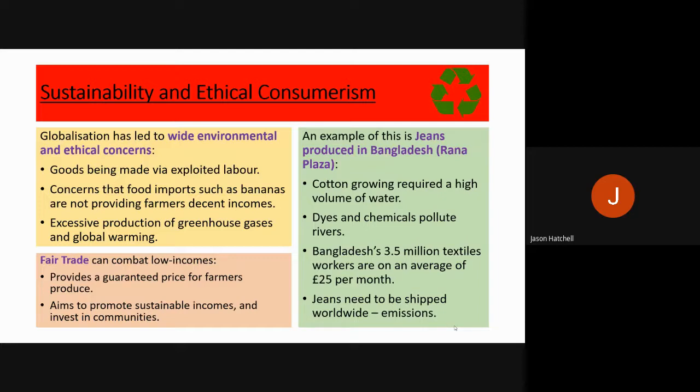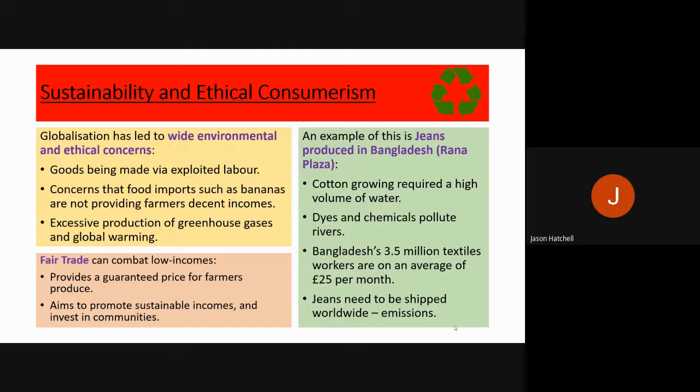There have been some attempts ethically to try and reduce these issues, and particularly on the idea of farmers gaining decent income from their goods. We've seen fair trade over the last 30 years come into existence. And of course, fair trade is all about combating low incomes and providing guaranteed prices for farmers for their goods.